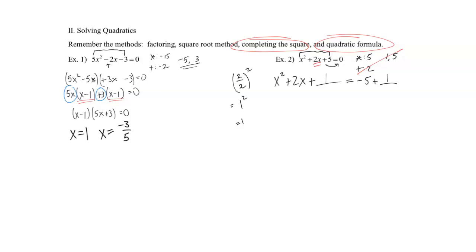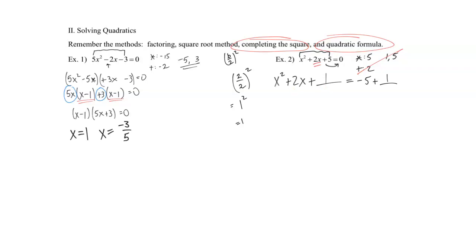Now, by adding that very specific number, which, in general we would say b divided by 2 squared, we are essentially completing a square. And so what I mean by that is that the left-hand side is now going to factor. So we would be looking for numbers that would multiply to 1 and add to 2.